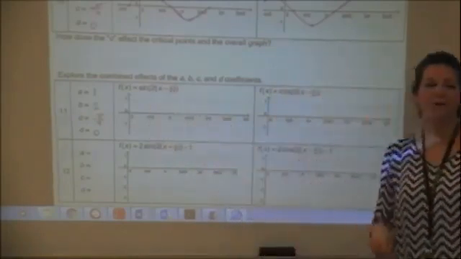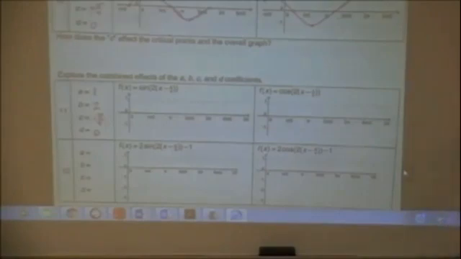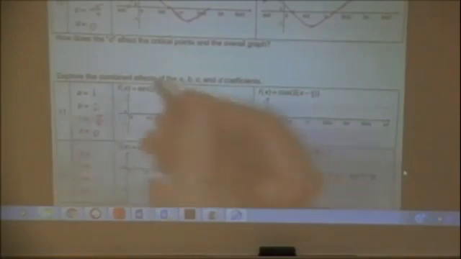So 0, 0, you first multiply by a half, divide by 2, because that looks like multiply by 2. That's still going to be 0. And then we shift it right pi over 4. So your first point would be right here.